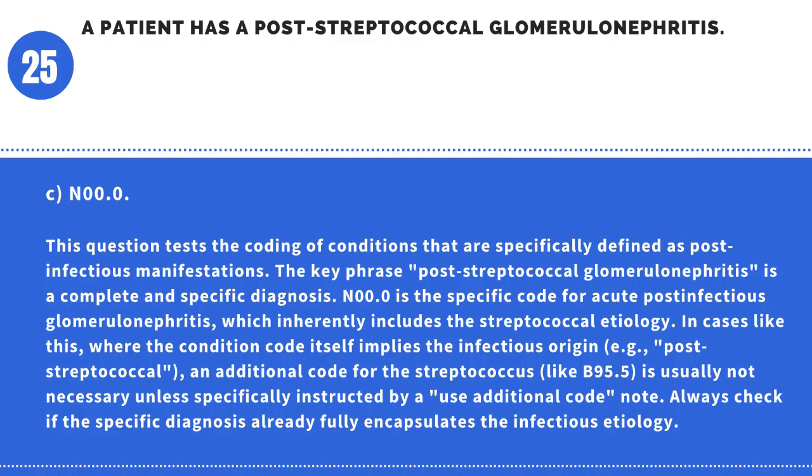In cases like this, where the condition code itself implies the infectious origin, an additional code for the streptococcus, like B95.5, is usually not necessary unless specifically instructed by a use additional code note. Always check if the specific diagnosis already fully encapsulates the infectious etiology.